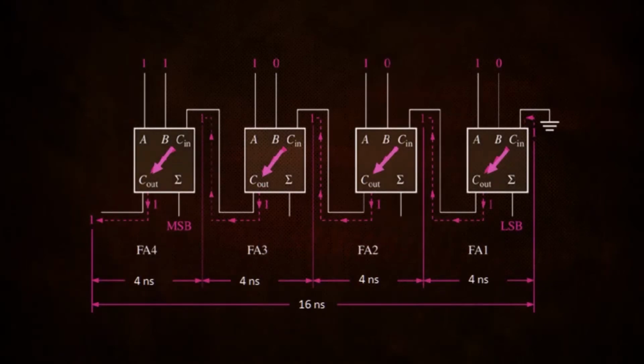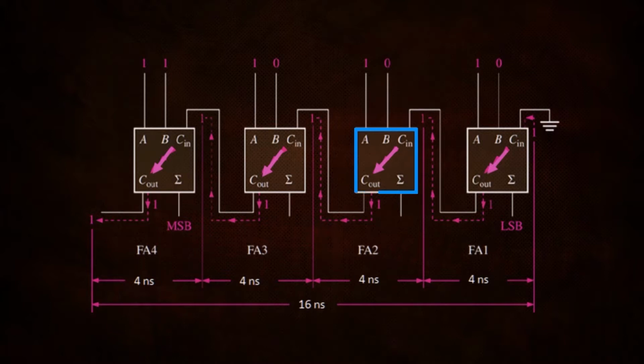Consider the logic circuit given here. It is a 4-bit ripple carry adder. Assume that each full adder takes 4 nanoseconds to produce its output after receiving all the inputs. So, FA1 takes 4 nanoseconds to complete its processing and produces the outputs S1 and C1. Though FA2 has values on its terminals, it can produce the right output only after receiving carry from FA1.